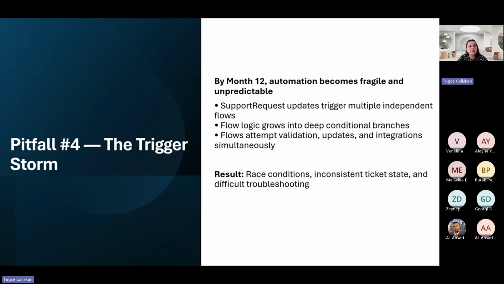And it might be that these flows work independently, but they might sometimes react on the same table, right? And if we build such a structure, this sometimes creates unpredictable system behavior. Let's say that everything is touching our support requests table, where we take the example. And it will be very hard to troubleshoot. It will get difficult over time because the logic is spread across multiple flows.